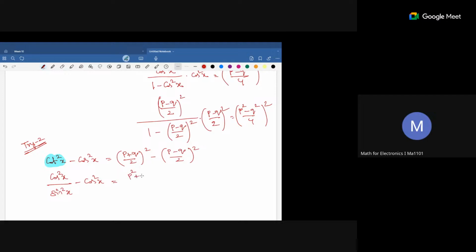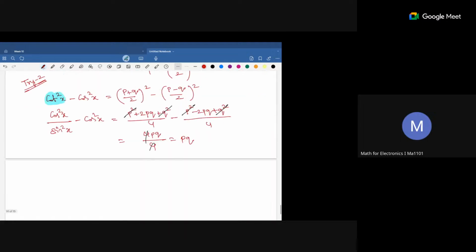If I expand this, it will be (p square plus 2pq plus q square) by 4 minus (p square minus 2pq plus q square) divided by 4. Since there is a minus here, p square and p square get cancelled out, q square and q square get cancelled out, and 2pq minus minus 2pq gives plus 4pq. 4pq divided by 4 gives pq on the right hand side.